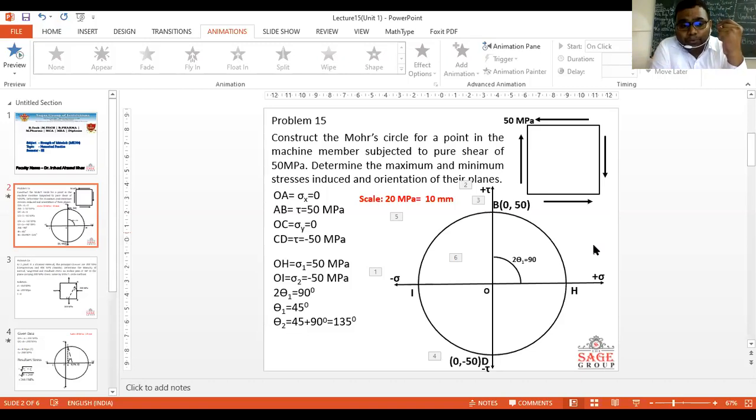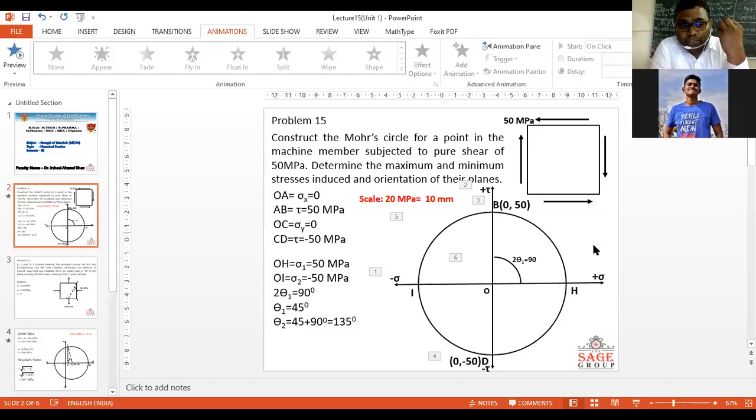We have to find the maximum and minimum principal stresses, that is sigma 1 and sigma 2, and the orientation of the planes, which means theta 1 and theta 2.